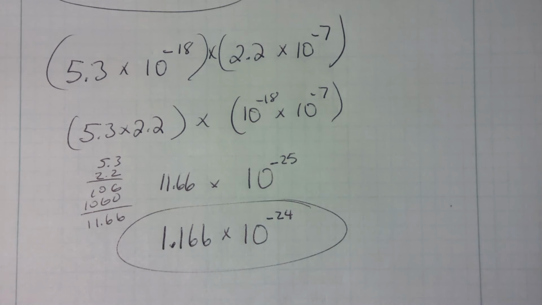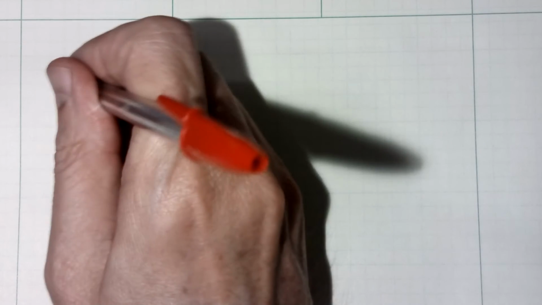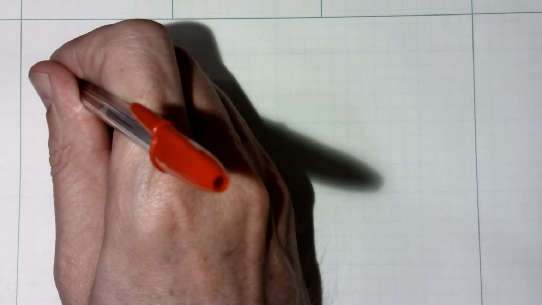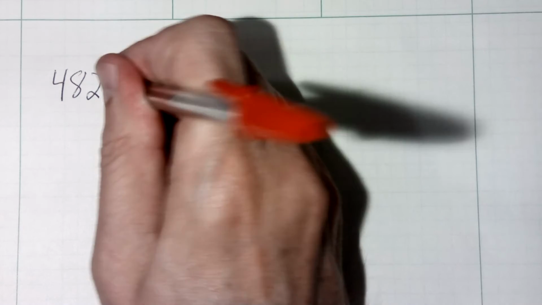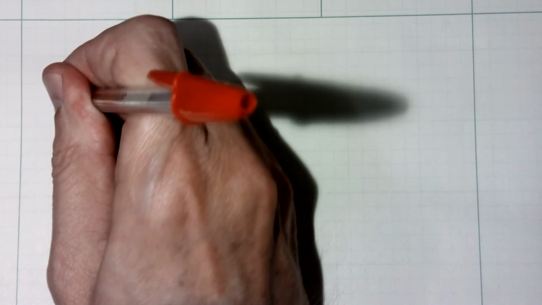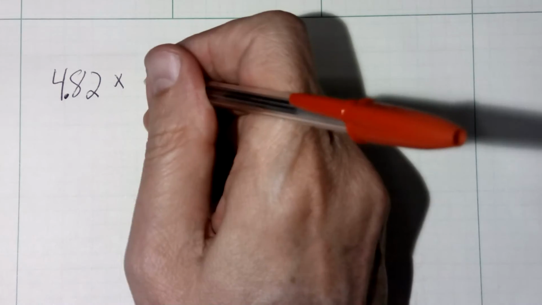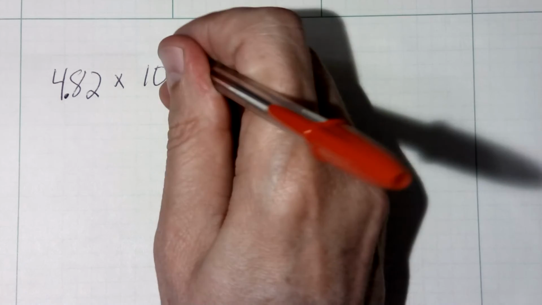Let's do a division, because division is no different except we subtract the exponents and we divide those leading numbers. For instance, let's do 4.82 times 10 to the 18th.